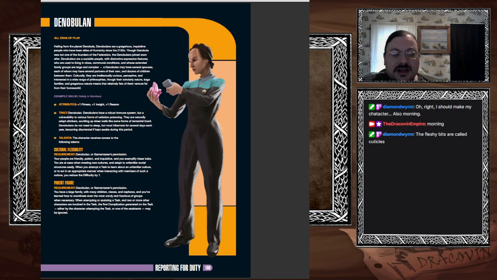The parent figure, again, comes from these massive interconnected families, and dealing with these groups and keeping them together. Many Denobulans have an ability to organize multiple people quite well. It works not only with rowdy children, but also with subordinates or people you're working with, to make them work better together.